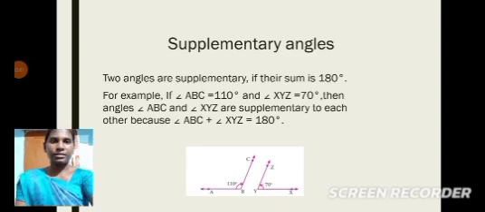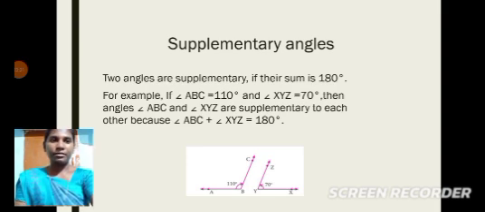Now the next one is supplementary angle. This is similar to the complementary angle with some minor difference. Two angles are supplementary if their sum is 180 degrees. For example, if angle ABC is equal to 110 degrees and angle XYZ is equal to 70 degrees, then angles ABC and XYZ are supplementary to each other because angle ABC plus angle XYZ equals 180 degrees.